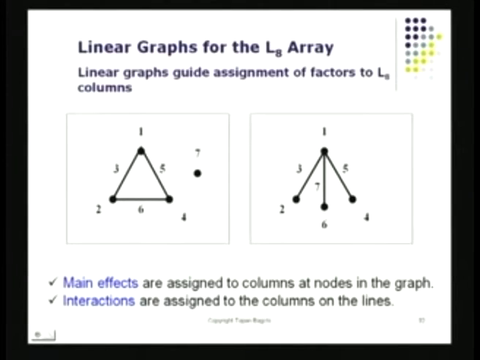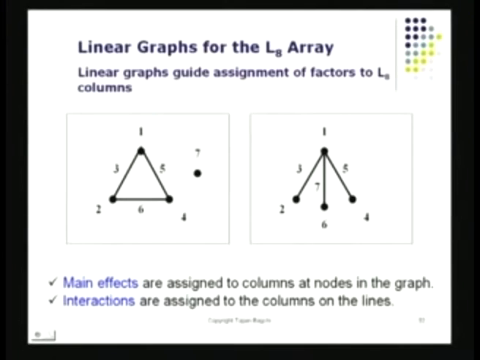The arcs and nodes both specify the mark of the column. So there is one node specifying column number 1, and another node specifying column number 2. Then between them we've got column 3 assigned. Similarly, I've got column 4 here and column 5.